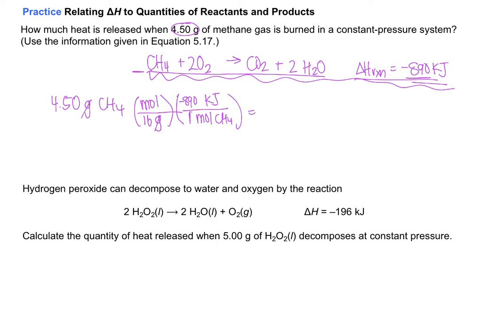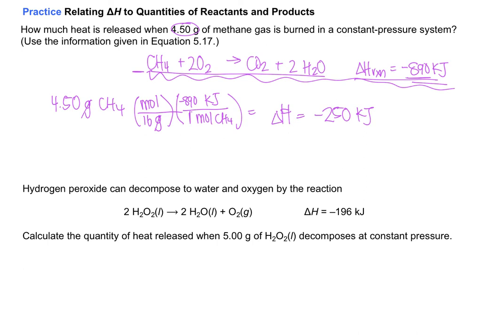And so I can do this math, so 4.5 divided by 16 times negative 890, so that the change in enthalpy equals negative 250 kilojoules. Or I could say 250 kilojoules were released.